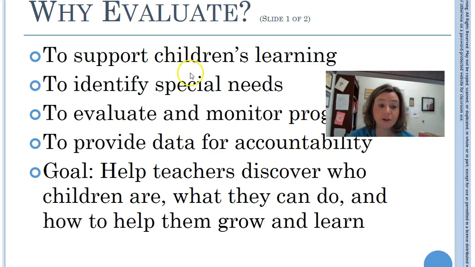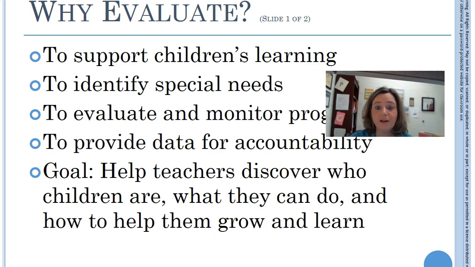We're trying to support their learning, identify special needs, evaluate our programs, provide data for accountability. But our ultimate goal is to help teachers discover who children are, what they can do, and how to help them grow and learn.